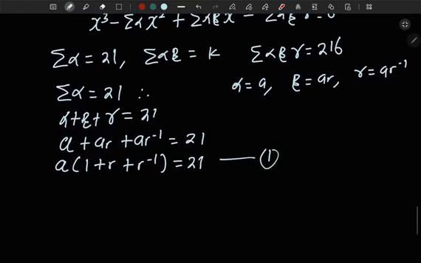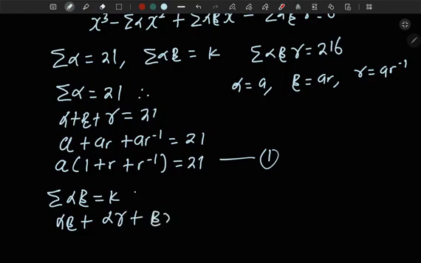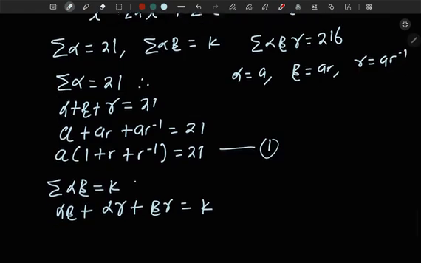So we take the second expression, which is the sum of the pairs. That is summation alpha beta equals k. This can be written as alpha beta plus alpha gamma plus beta gamma equals k.